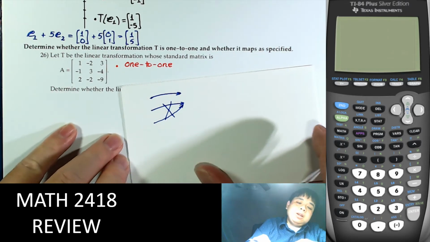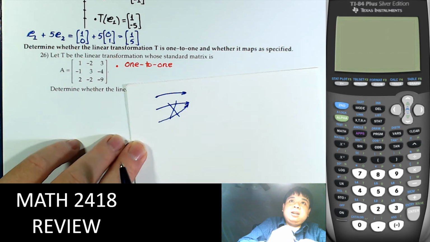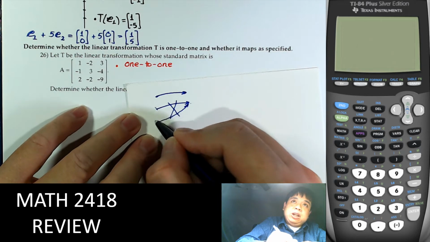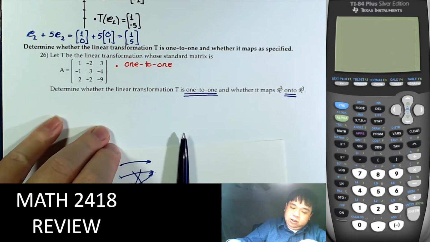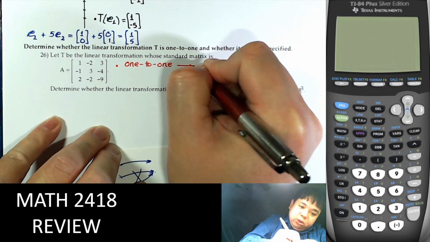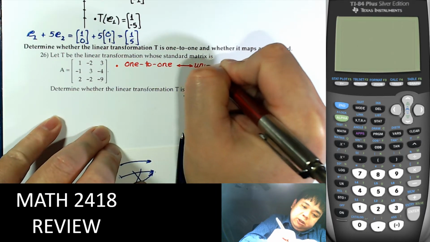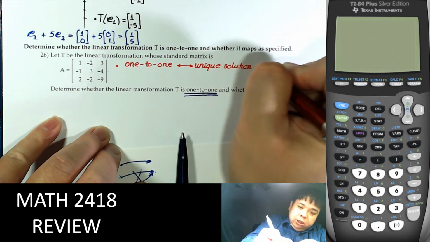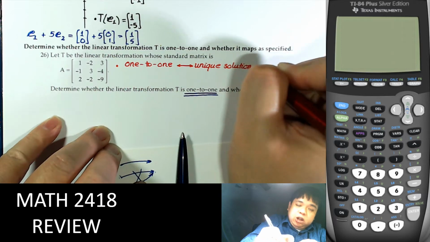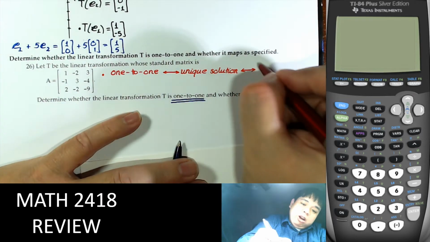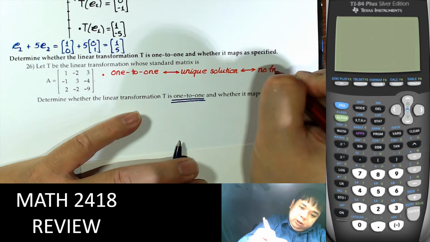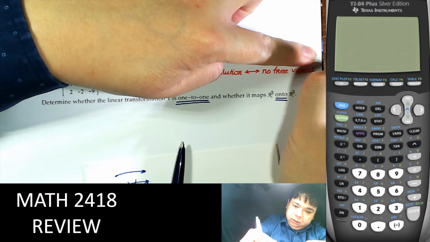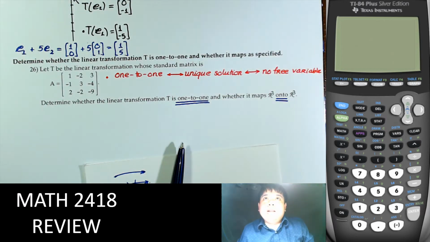So in this case, we cannot have that. Meaning that if we have the system of equations, there has to be a unique solution. Which means the matrix has to have no free variable. So that is a one-to-one function.